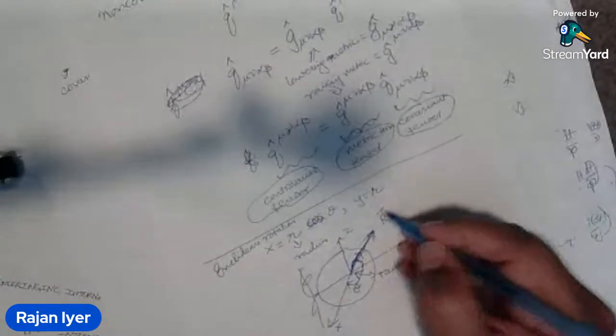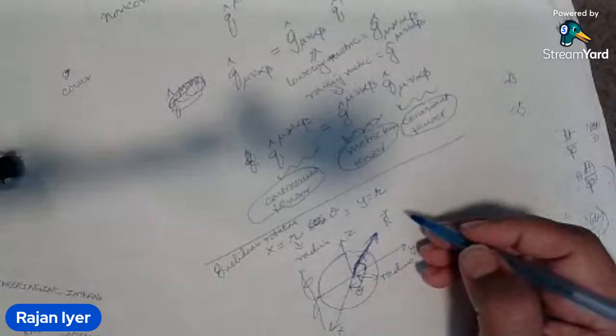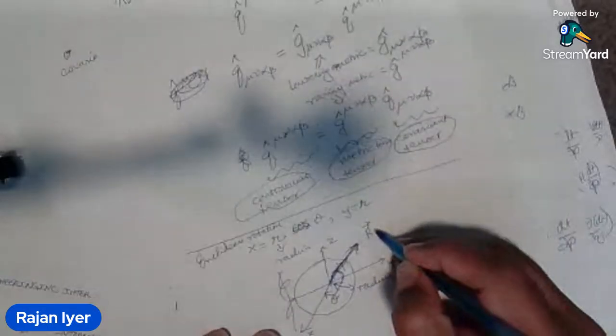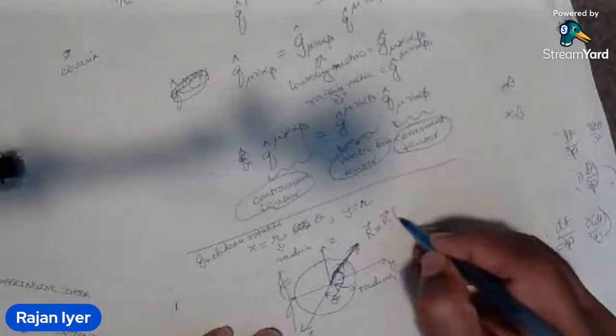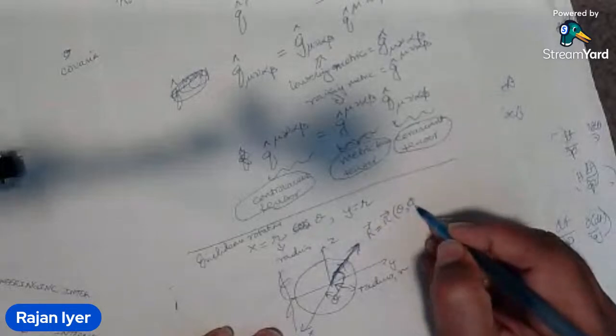Let's say it's called r. Yeah, that's the general coordinate. So r is r of theta, let's say phi, gamma, right?